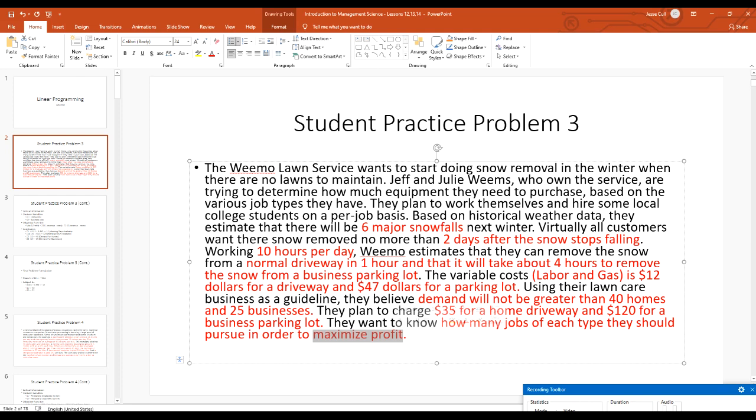Moving on, we know we're trying to maximize profit, so to do that, we have to look over here and connect our profit maximization with our jobs. We see it's $35 for a home driveway and $120 for a parking lot driveway.